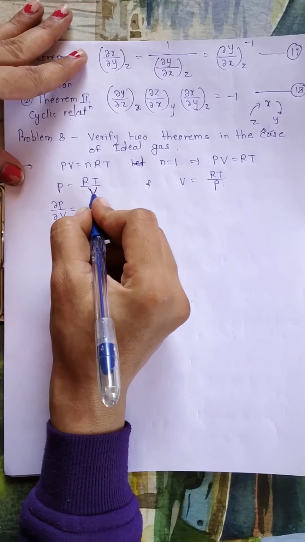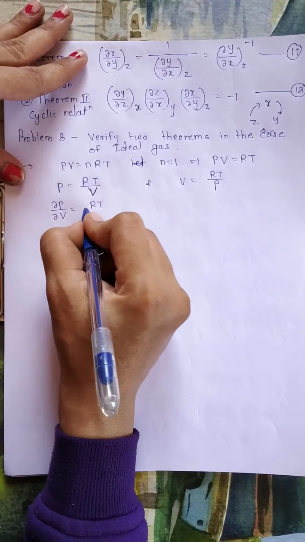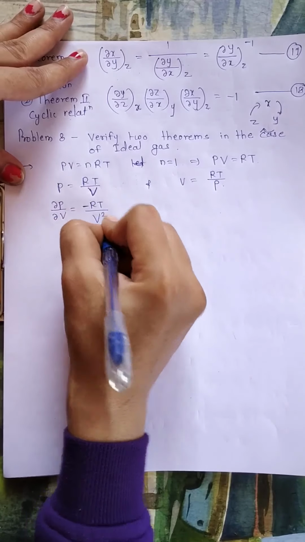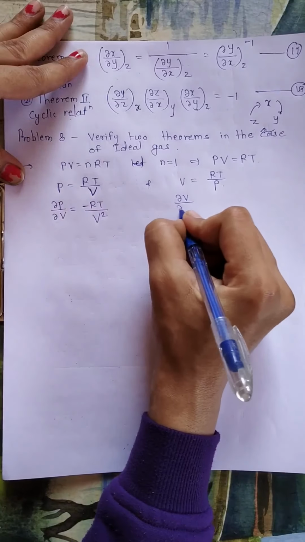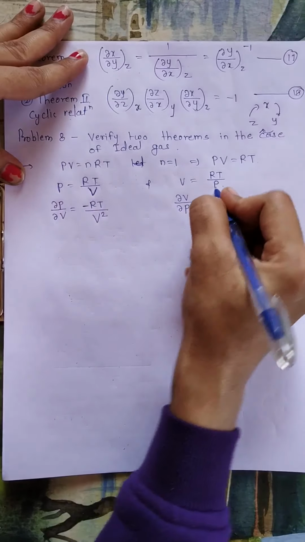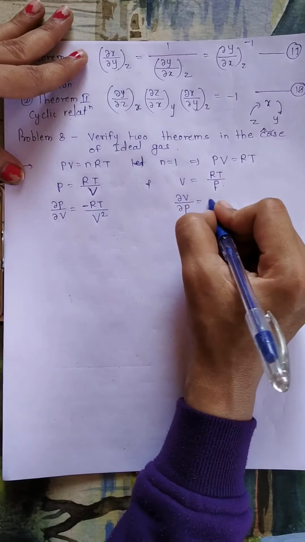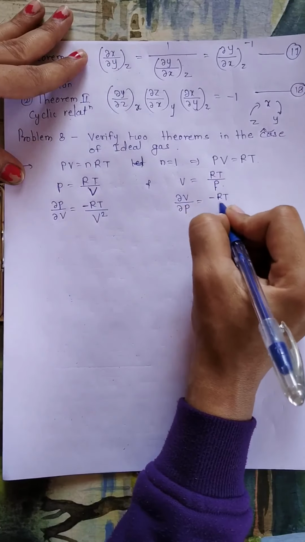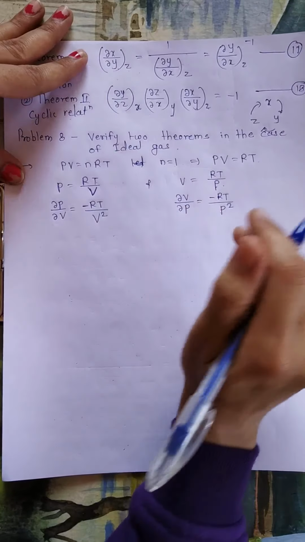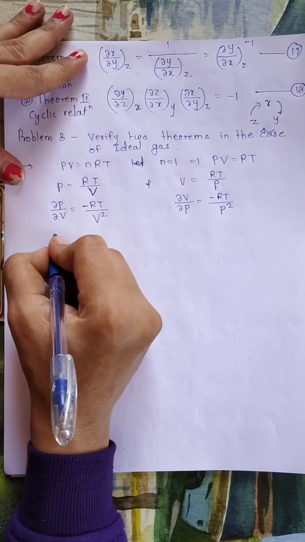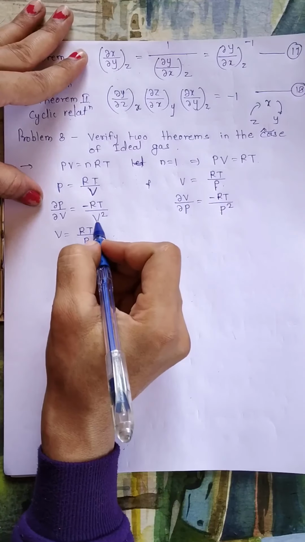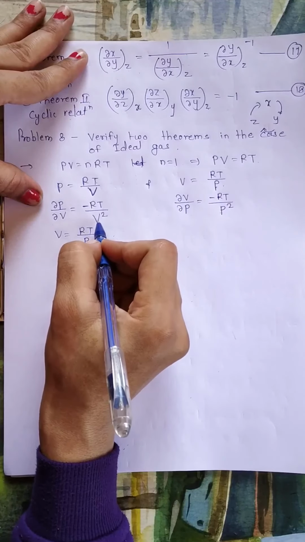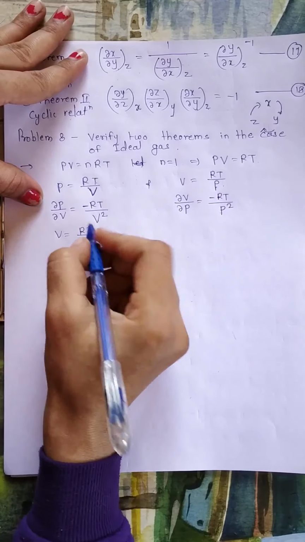Also here if I take the derivative of V with respect to P, the derivative of 1/P is minus 1/P², and RT is constant, so I will get minus RT/P². Now here we can also use V = RT/P. So if instead of this V I put RT/P, what will we get here?